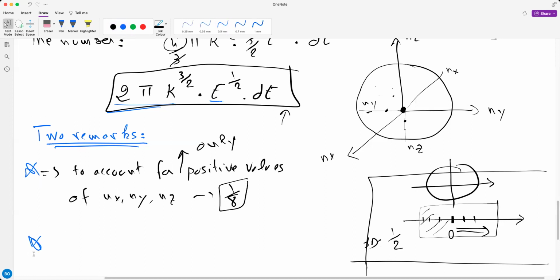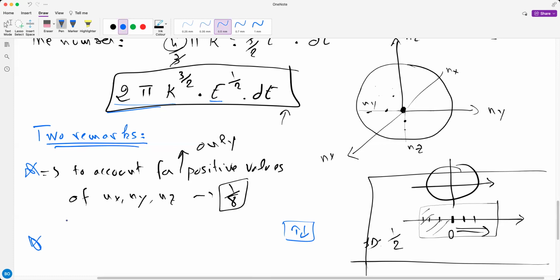Remark number 2: electrons are particles called fermions. Because of the exclusion principle of Pauli, you cannot have two electrons in the same state. So you can have, in one state, an electron up and an electron down.